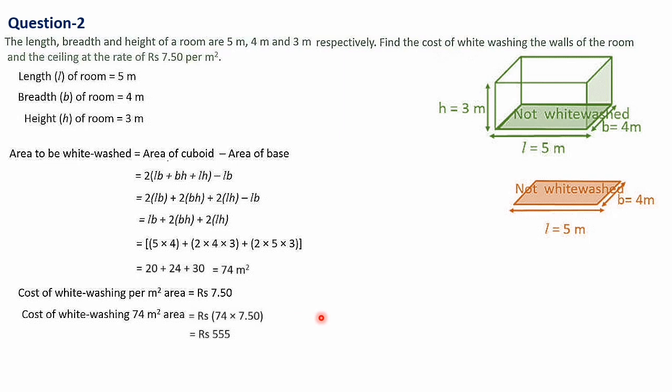You have to multiply it. As I mentioned before, please do not copy, just do the multiplication on the right side and verify that you are getting the answer as rupees 555. So the cost of whitewashing is equal to rupees 555.